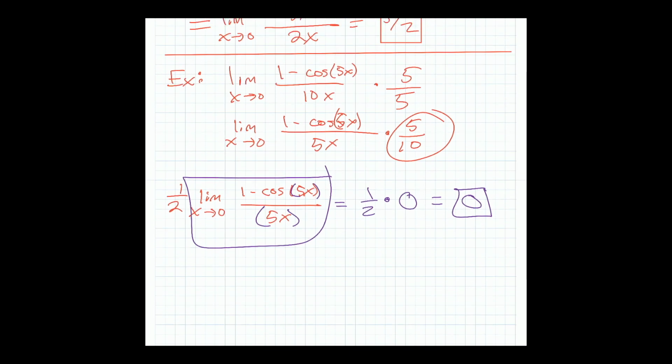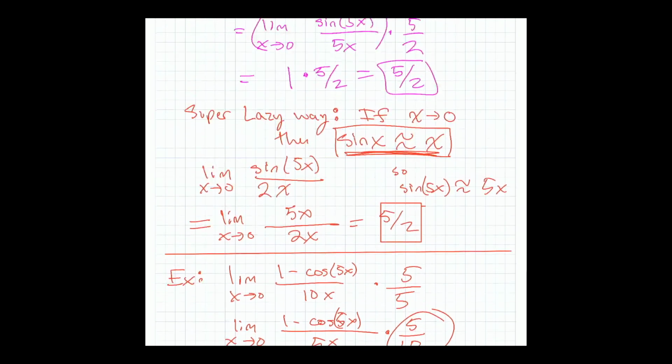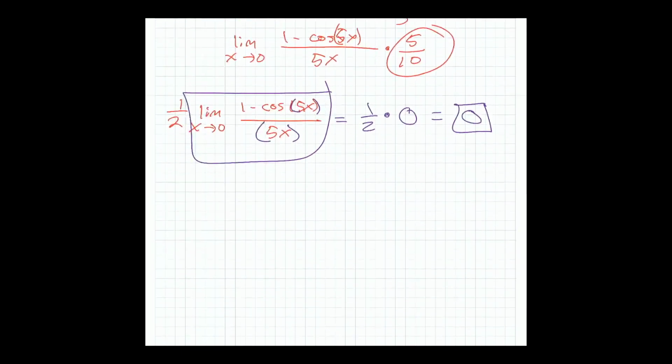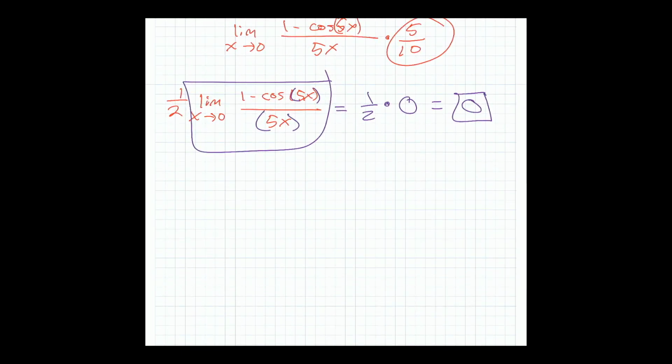So the techniques that work on that limit are exactly the same. Now, you might be thinking, well, what about the super lazy way? Can we do it the super lazy way for the cosine version? And the answer is yes, we can. So what's the super lazy way here? The super lazy way is as x goes to 0, cosine x is approximately 1.